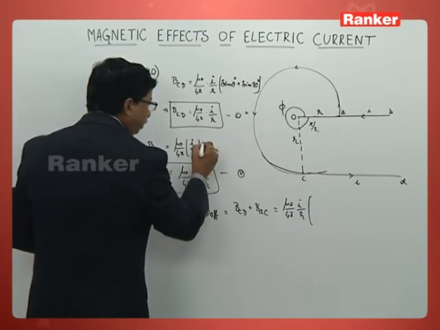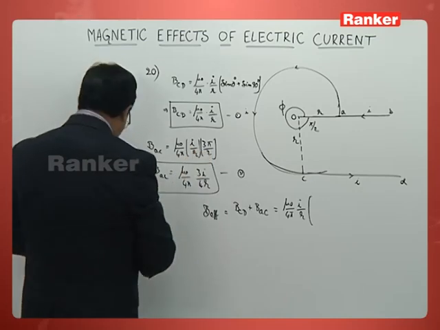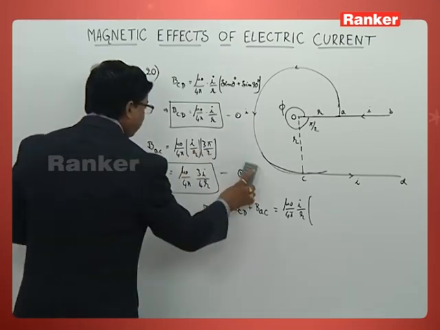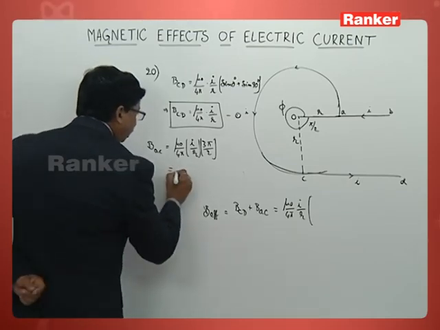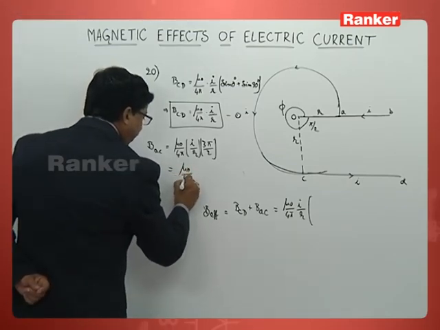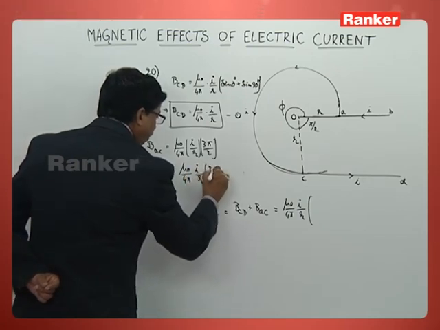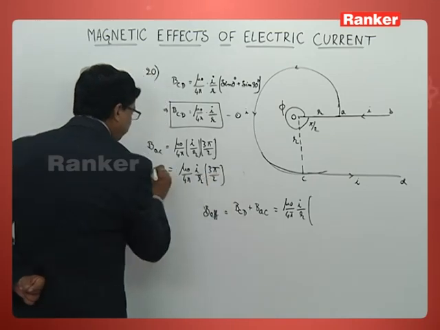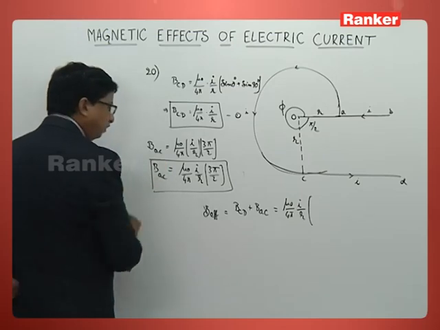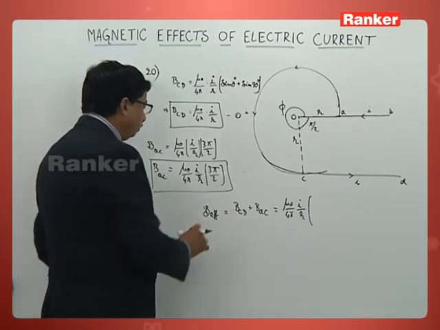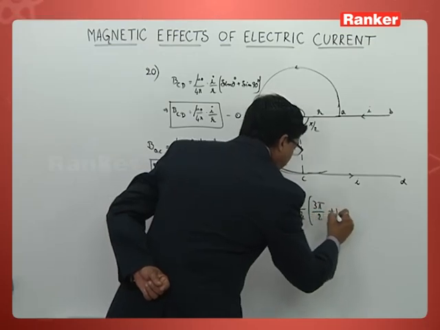What is that phi over here? It is 3 pi by 2. So the value is going to be mu naught by 4 pi into I by R into 3 pi by 2. This is BAC, the second one. If you add these two, you will be getting 3 pi by 2 plus 1.